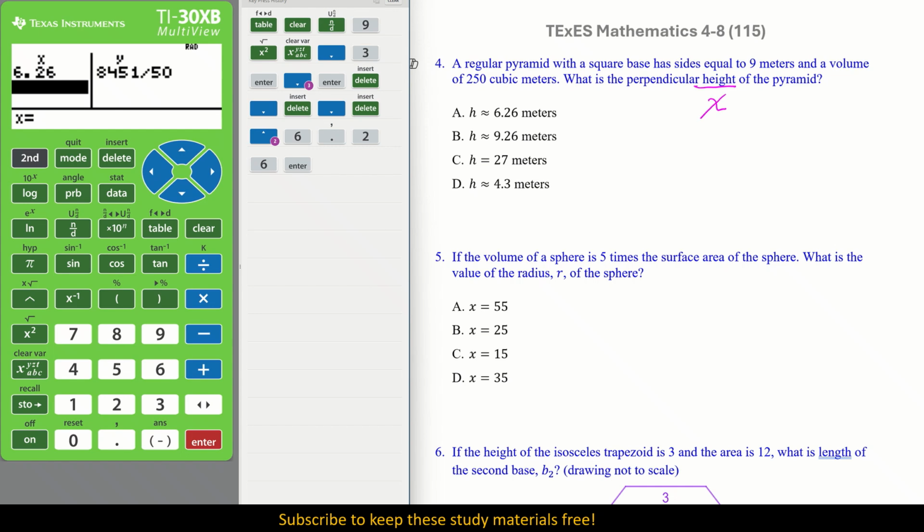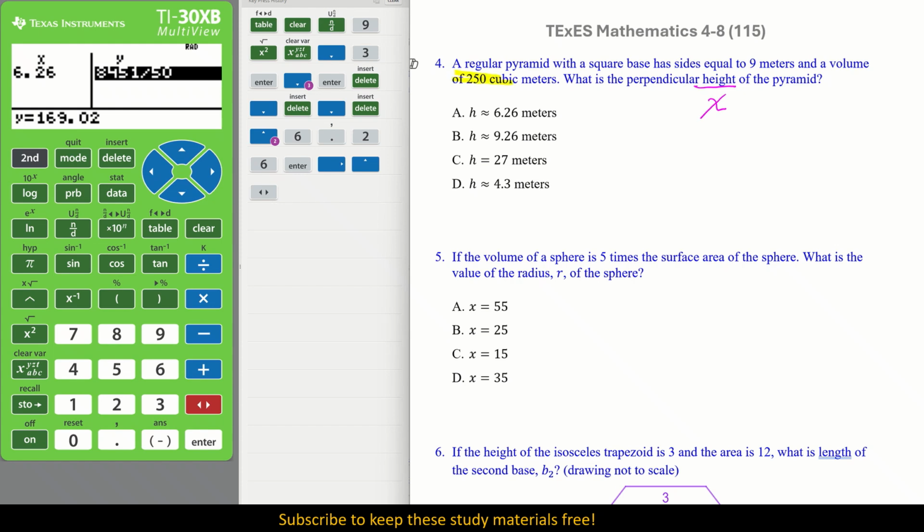It gives us some weird fraction. Don't calculate that. Don't back out or get another calculator and calculate it. Don't do it. Arrow over and up, go to it and highlight it. Now, push your toggle. Well, that is not even close to the 250 that we're looking for as our y. Okay, that would be our volume. Okay, remember the formula we entered was for volume. Okay, well, that won't work.